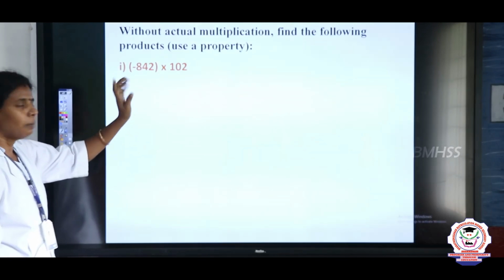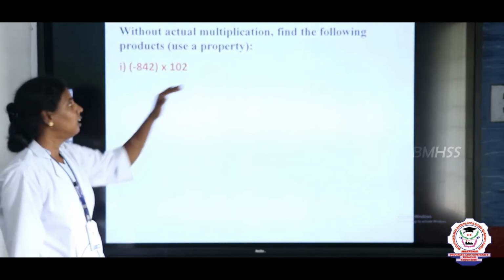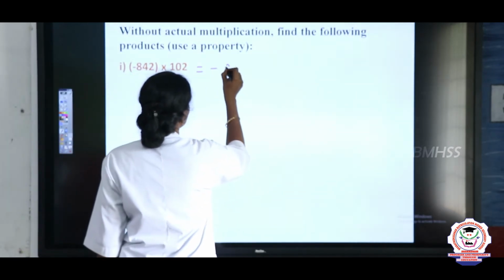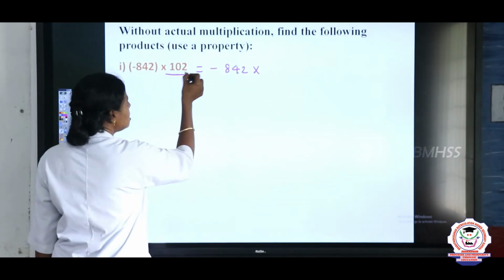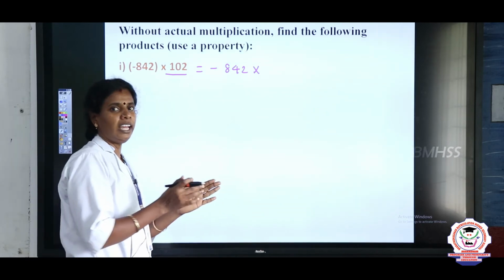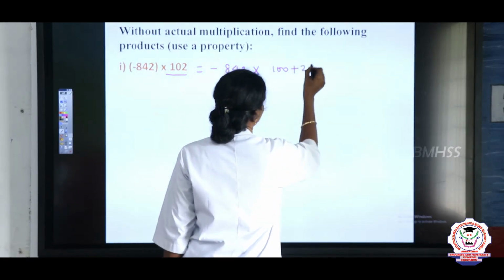We are not going to multiply both the numbers directly. We are going to use the property here. Minus 842 into this 102, we are going to split this 102 like 100 plus 2.